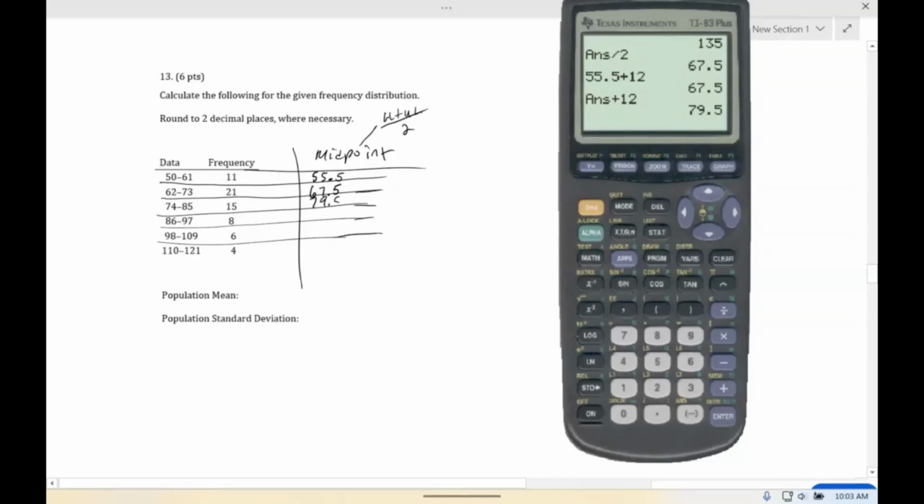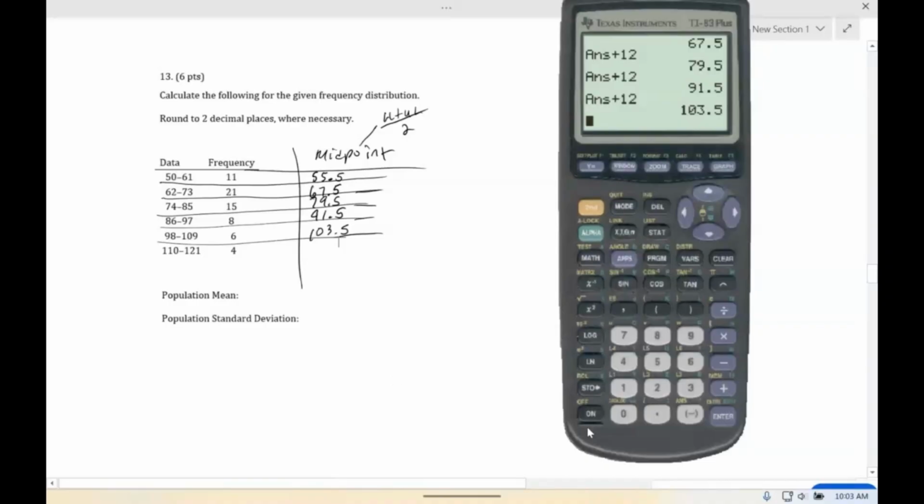This gives us 79.5. I'm going to add the class width one more time, 91.5. Our next midpoint is 103.5.